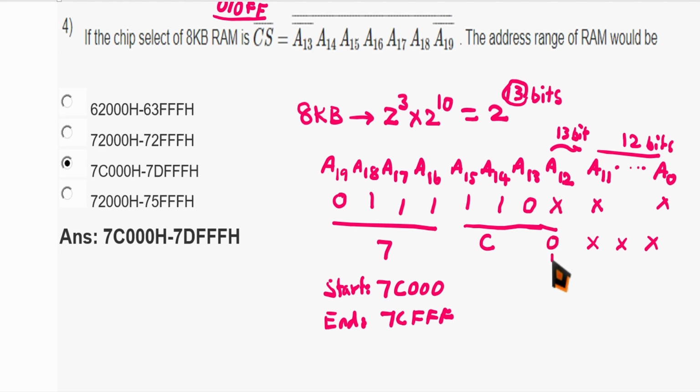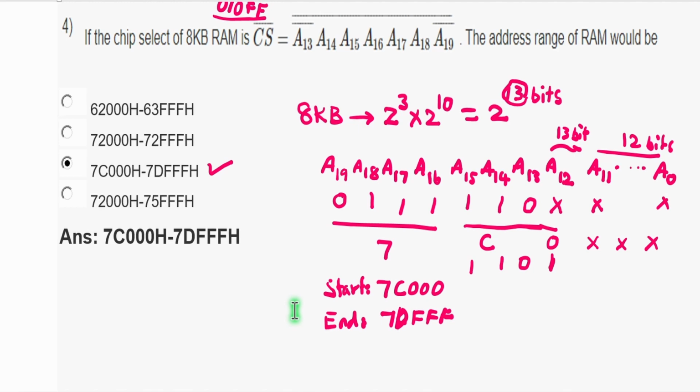For ending address, it will be 1. So for ending address, 8 plus 4, 12 plus 1, 13. 13 means this should be D. So ending address will be 7DFFF. So starting address is 7C000 and ending address will be 7DFFF. So this is the correct answer.